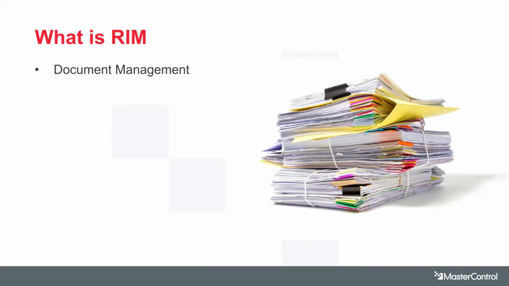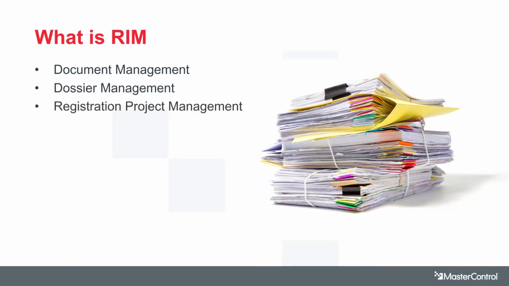So again, what is regulatory information management? It's document management. Whether you're paper, whether you're using my competitor, there are keys to how we can make this a much better configuration, more accessible. Dossier management, we'll get into that a little bit deeper in this presentation as well, but really treating a body of documents as one single record. How does that flow through your organization?